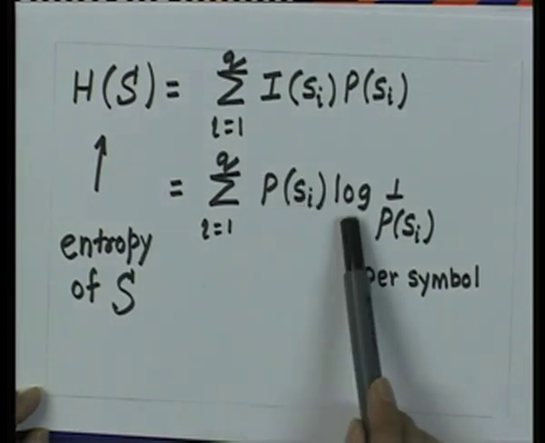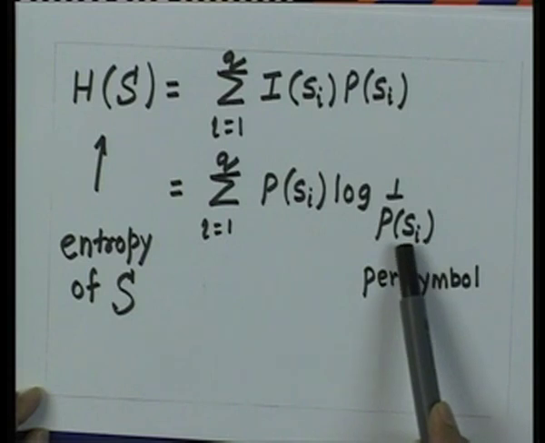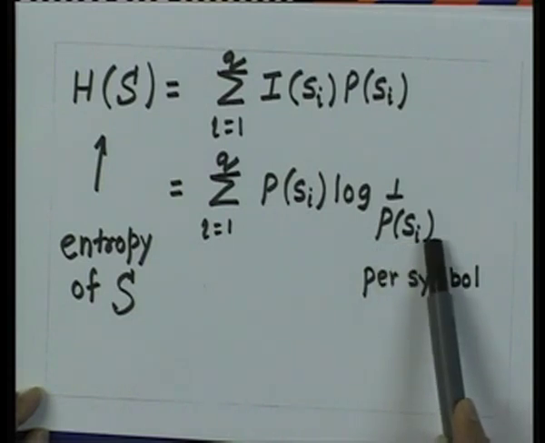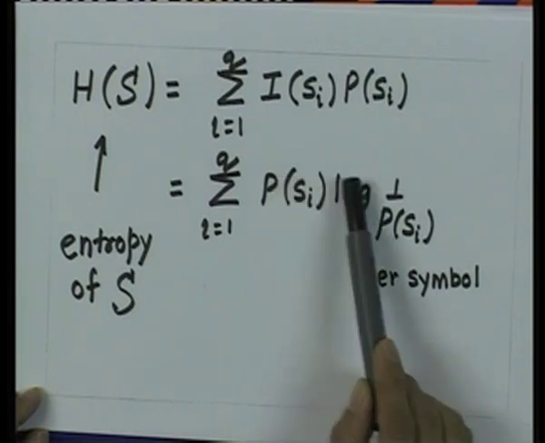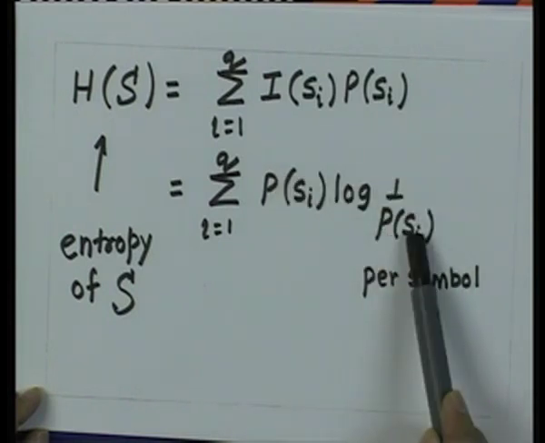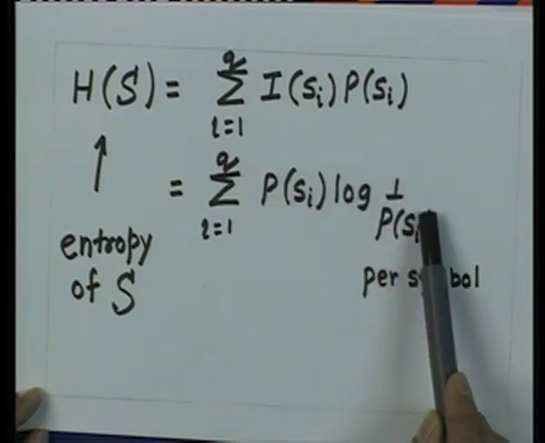If you look at H(S) definition, it is nothing but the summation of P(Si) log 1 by P(Si). P(Si) values can go from 0 to 1. So, P(Si) is always positive, log of 1 by P(Si) is always positive. So, what it implies is that each of these terms is always positive. So, the summation will always be positive.